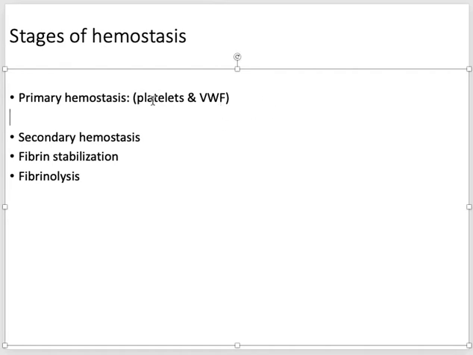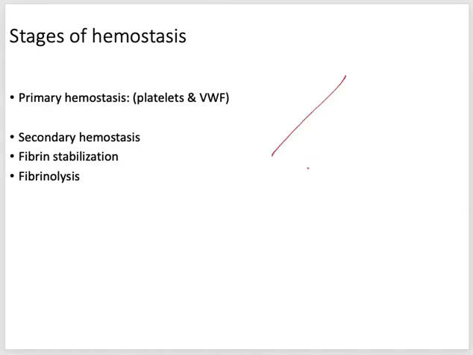So let's take an example that someone had a cut. I can tell you, for example, if this one is endothelial lining, these are the endothelial cells, and this is a blood vessel.